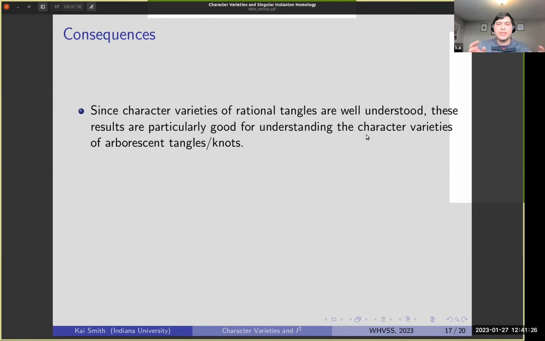So I take rational tangles and I sum them together. Maybe I can rotate my result by 90 degrees and sum that to some more rational tangles and so on. So we understand the character varieties of rational tangles, and we understand what summing does to the character variety. And so, by repeated applications of the process I explained, we can get the character varieties for these special tangles and knots quite easily.